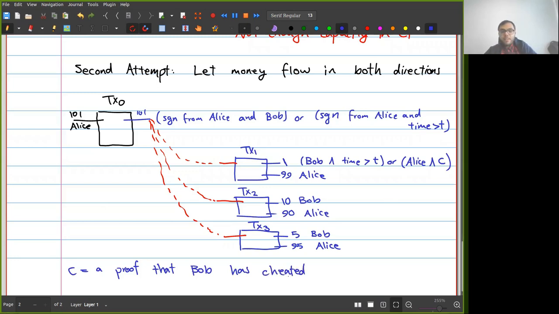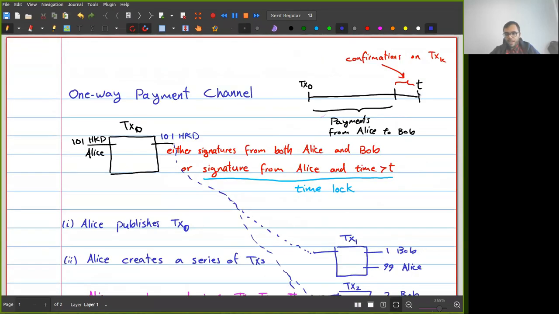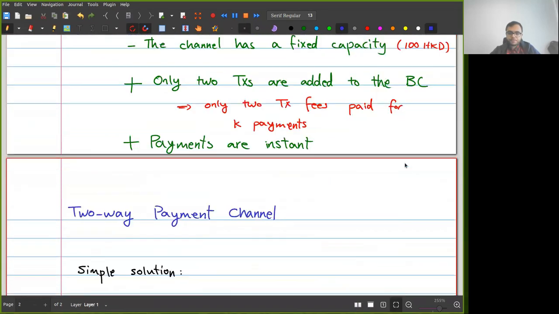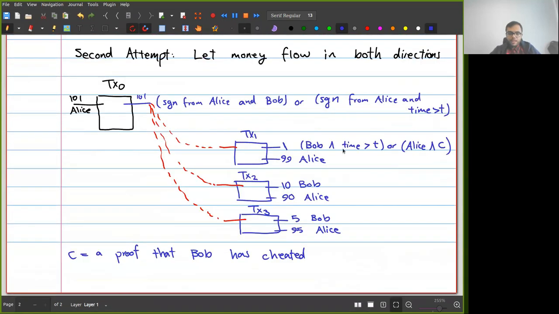So the idea here is that if Bob publishes one of the old transactions, he's not going to just get the money. He will only get the money after time passes and goes after this time T. But while the time is before T, Alice can actually go ahead and prove that Bob has cheated and take all the money that Bob had here.